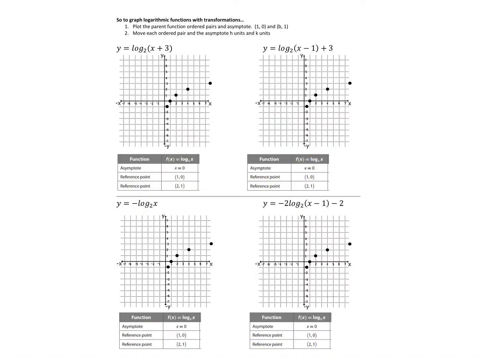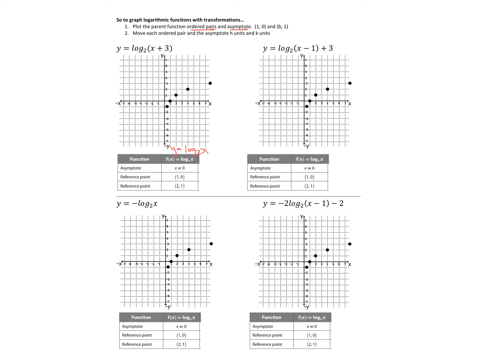On this page, the dots that you see on the graph already are the same dots we had on the front side for our graph of y equals log base 2 of x. Those are our 5 points we graphed before. When we plot a log function, we plot the asymptote and then our ordered pairs.